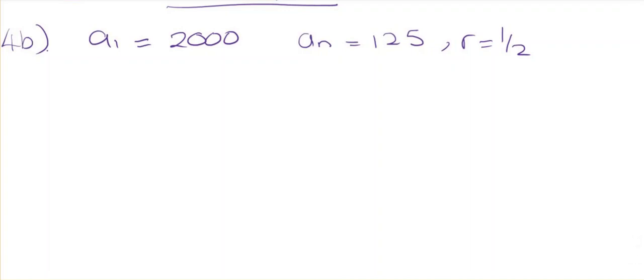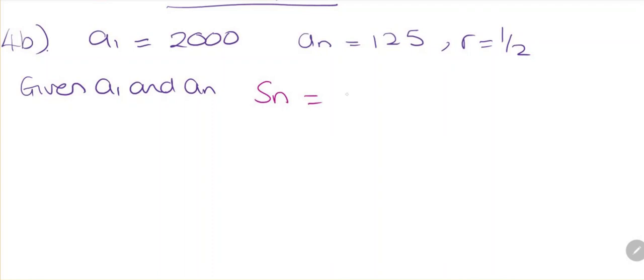So we're given, this time, A1 and AN. So if we're given A1 and AN, we need to use the other formula. Given A1 and AN, we're going to use the formula Sn, the sum of the numbers, is A1 minus AN multiplied by the ratio divided by 1 minus the ratio.